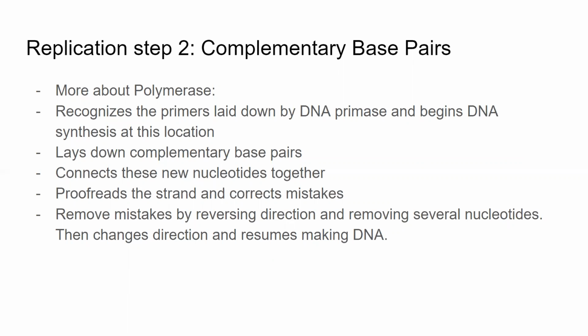It lays down complementary base pairs and connects new nucleotides together. It proofreads the strand and corrects any mistakes, removing them by reversing direction and removing the wrong nucleotides. It will then change direction and resume making DNA, so it fixes the problem and starts over again.